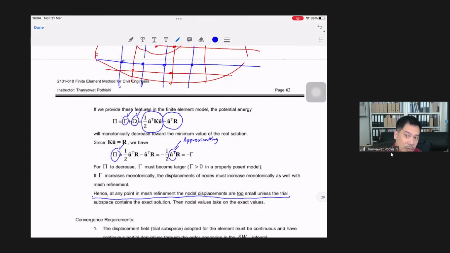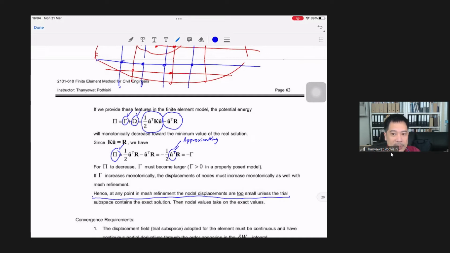Because this value should keep increasing in order for you to get closer to the exact solution. So if the nodal displacements are too small, it means that your finite element model is too stiff.